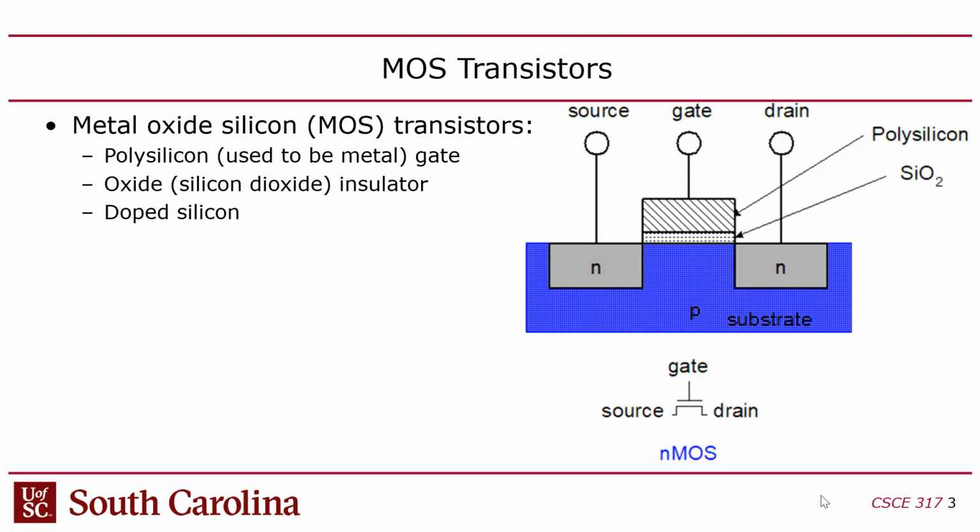You could think of the substrate as what the whole wafer is made out of, the whole chip, like the base of the chip, the bottom part. When you start out, you start out with a blank wafer, which is just silicon that's been doped, right? In this case, we're going to make it P-type, so we're going to put holes in there. We're going to put group 3 elements in there, right?